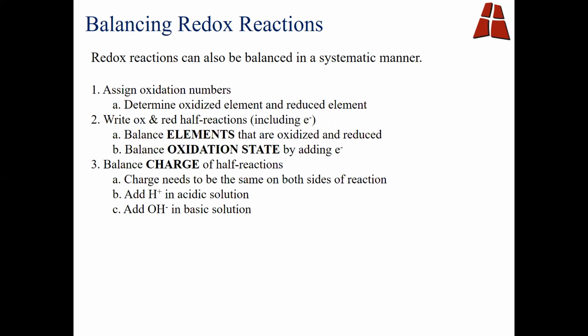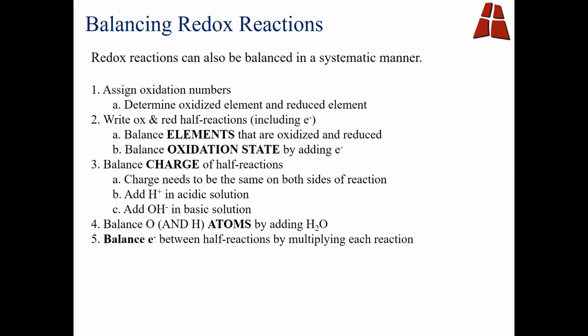If we are balancing things in acidic solutions, we add H+. If we're balancing things in basic solutions, we add OH-. Then we balance the oxygen and hydrogen atoms by adding water. In all likelihood, we'll do that to one side.